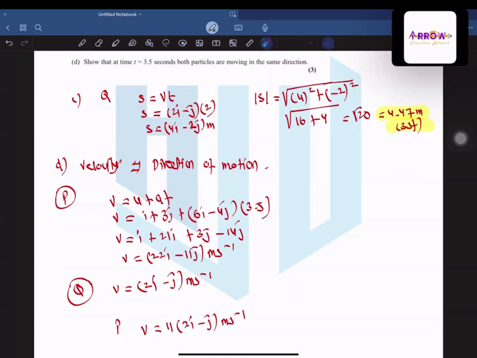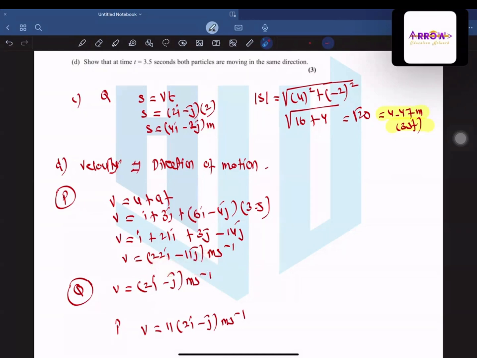This makes sense. The velocity vector of particle P is 22i minus 11j, which is exactly the same as taking 11 as common multiplied by 2i minus j.